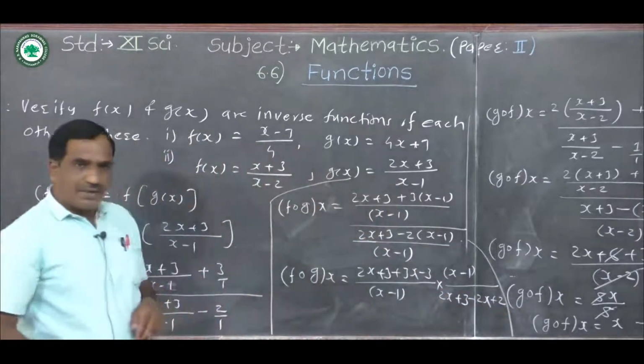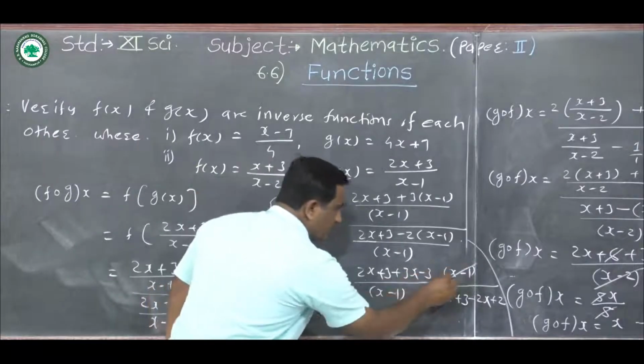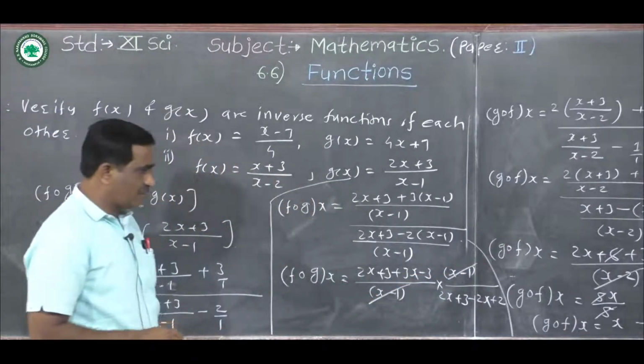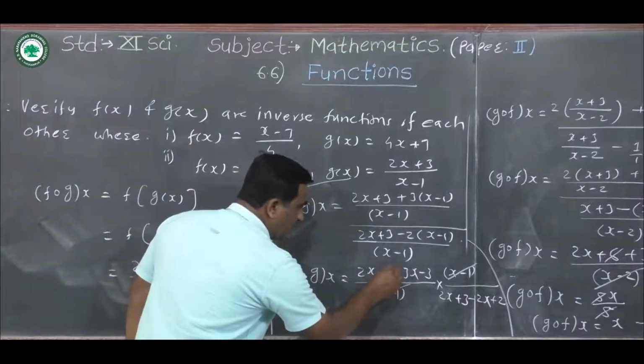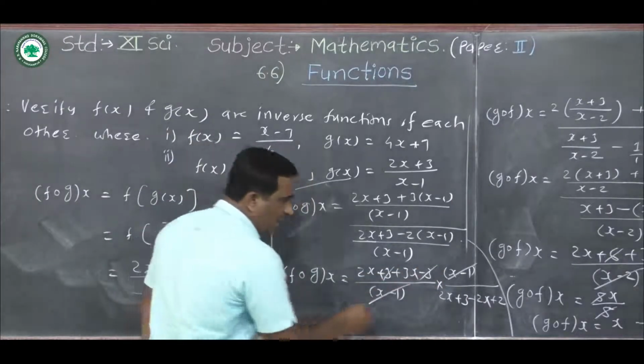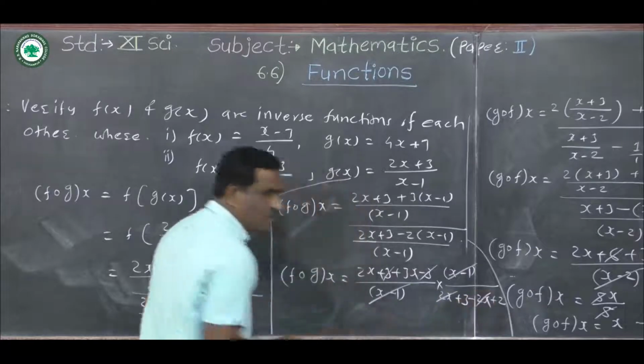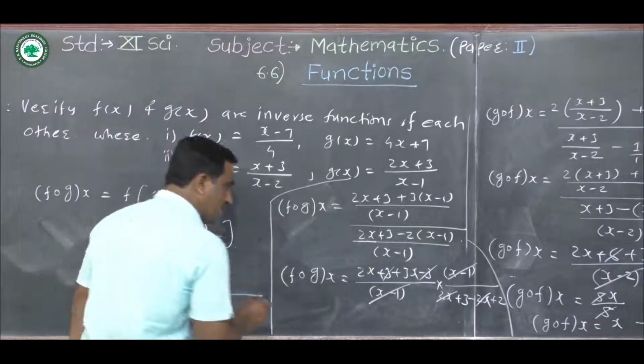Now here x minus 1 upon x minus 1 cancel, here also plus 3 minus 3 cancel, and here plus 2x minus 2x cancel. Now write down the remaining terms here.